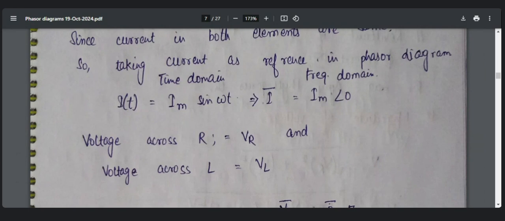Okay, similarly, since current is the same because R and L are present in series, I am considering the voltage across R as VR and the voltage across L as VL. Because I don't know what the voltage would be, but I know the current is the same. So current is taken as reference, and for the resistor some voltage is considered, and for the inductor some voltage is considered.